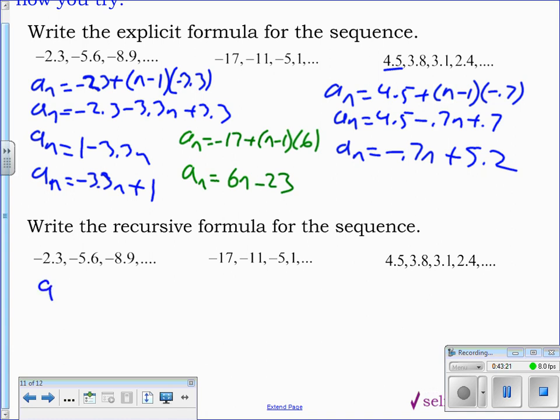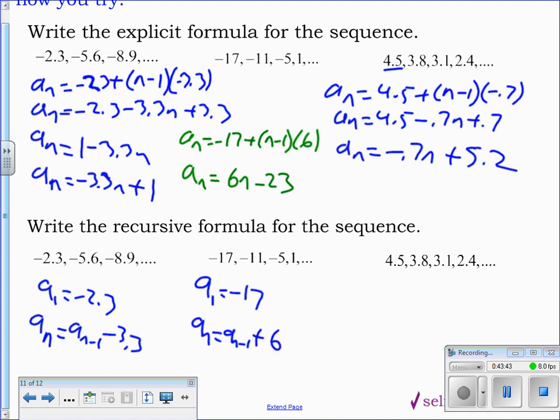A sub 1 is negative 2.3. A sub n equals a sub n minus 1. And then we figured our D was what? D was negative 3.3, minus 3.3. A sub 1 is negative 17. A sub n equals a sub n minus 1 plus 6.